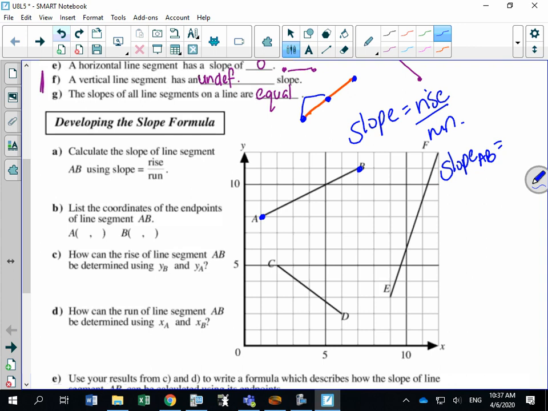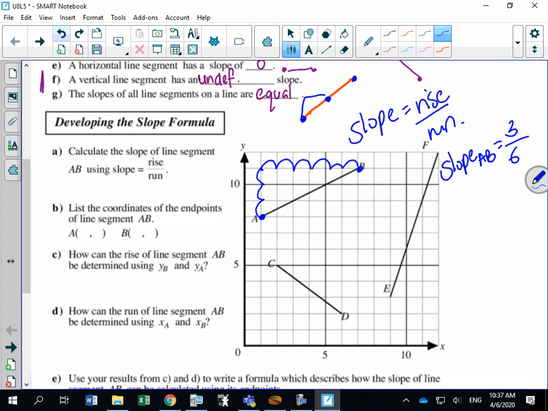So slope of line segment AB, slope is rise over run. So rise of 3 and a run of 1, 2, 3, 6. So the slope of line segment AB is 3/6.